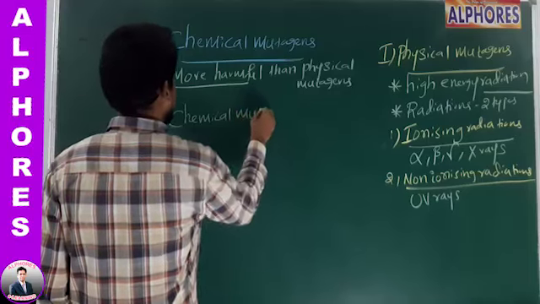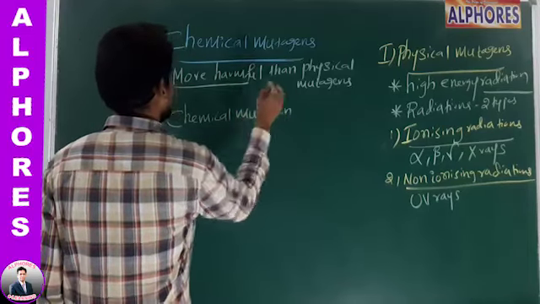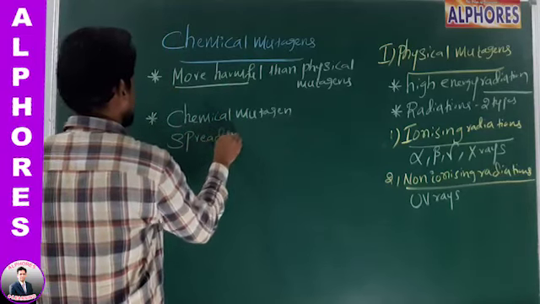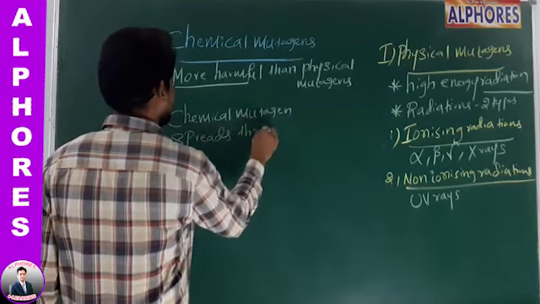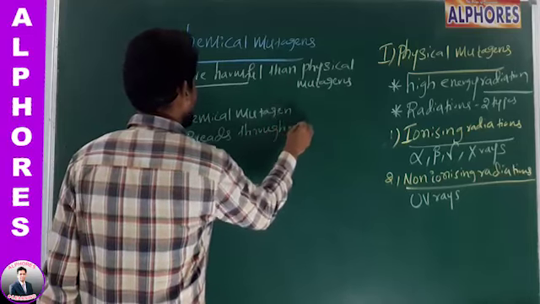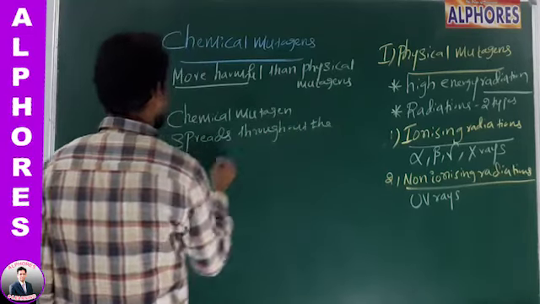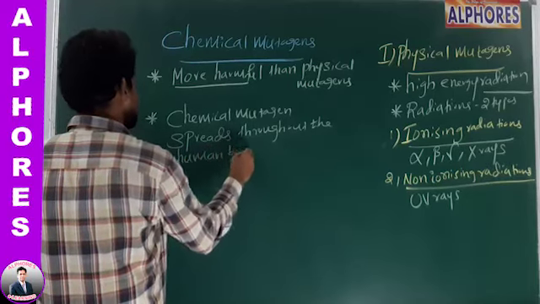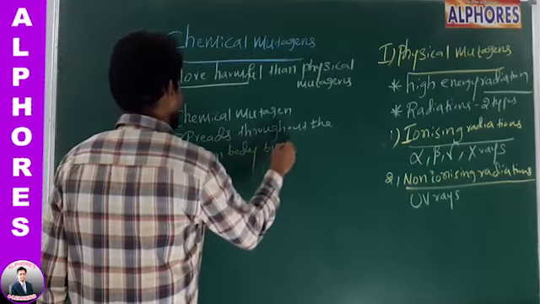Chemical mutagens spread throughout the human body through blood.